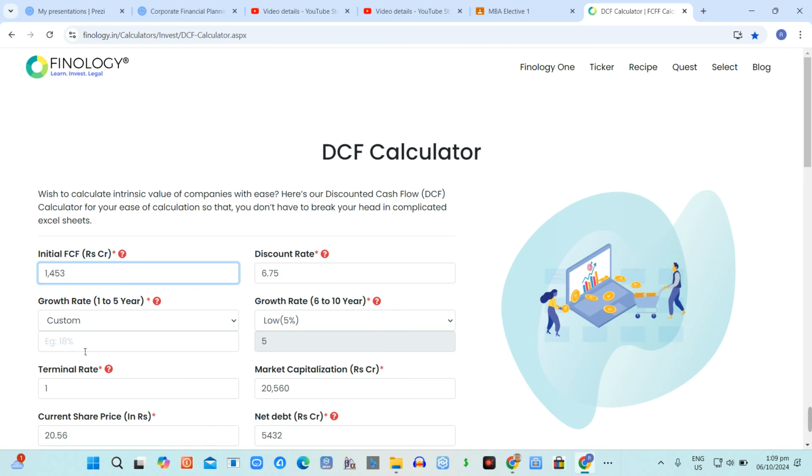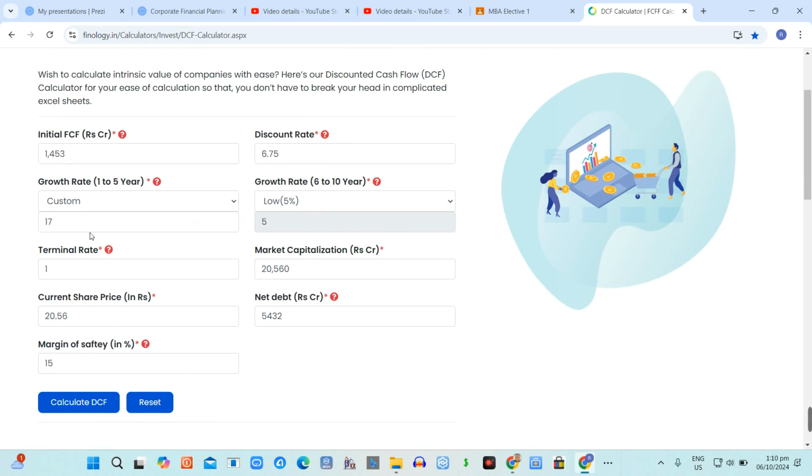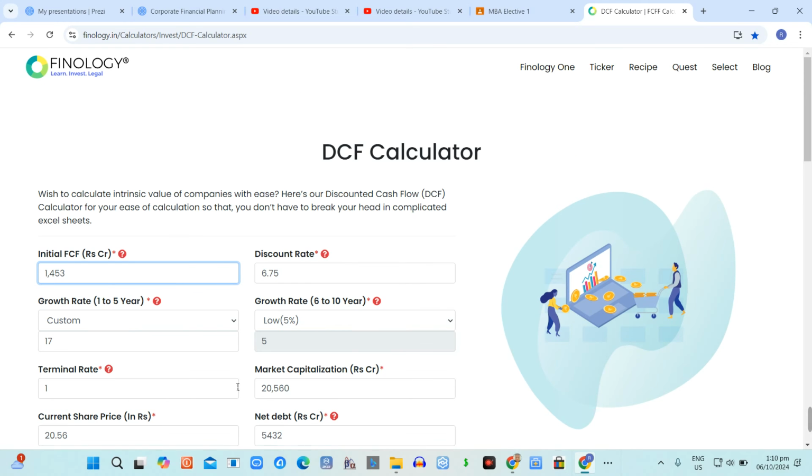So let's say you customize it to 17%. So calculate.